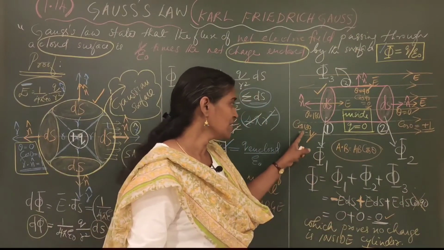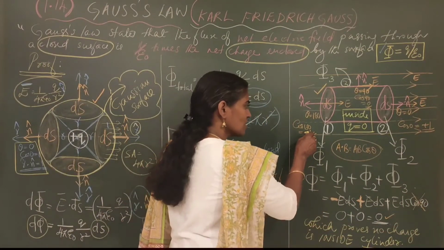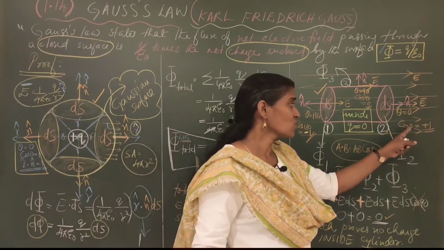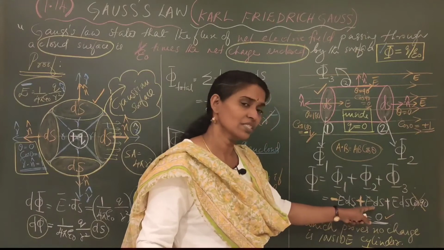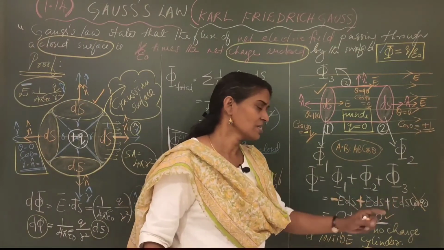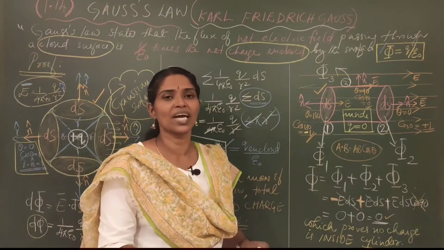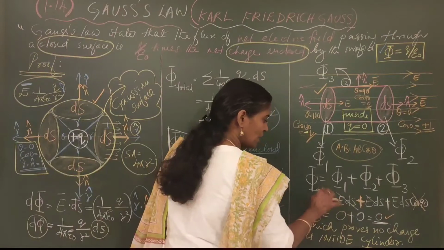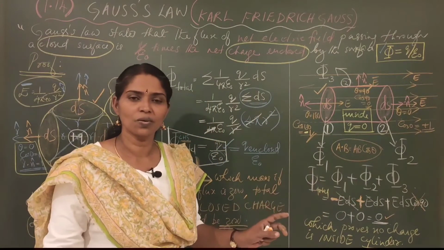E ds cos 180 is minus 1. So it is minus E ds. E ds cos 0 is 1. So that is E ds. Minus and plus cancels. 0 plus 0. The other one is again 0. So finally you get the total flux. What is this? Phi total. What is phi total? 0.